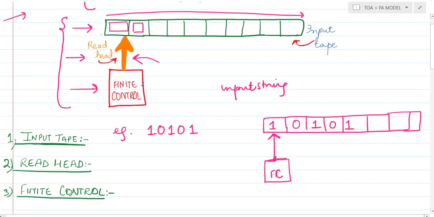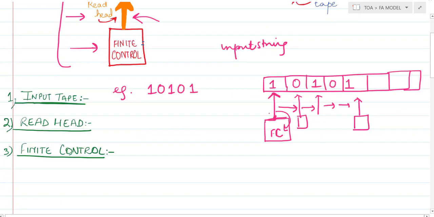The read head reads the symbol and the finite control processes it. After that it moves one step and then reads another symbol. Then the finite control again processes it and it moves again, then another symbol, the same way until it reaches the last symbol.